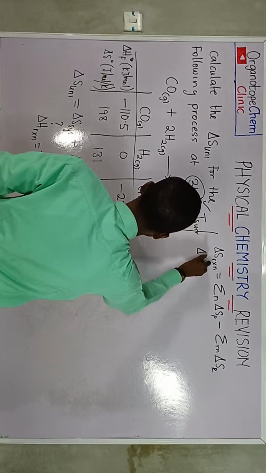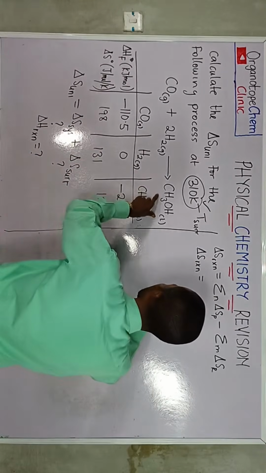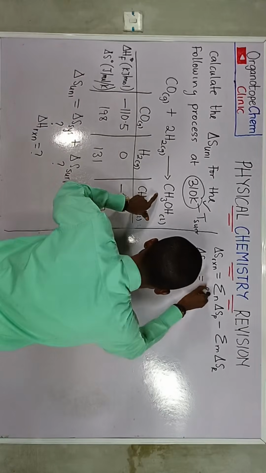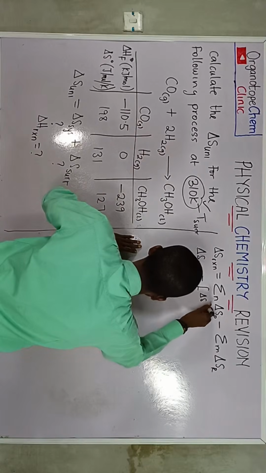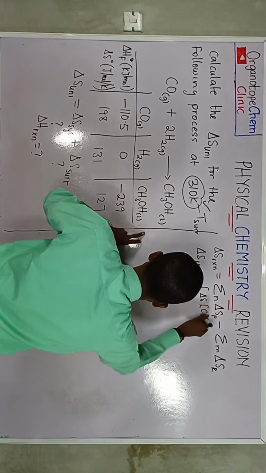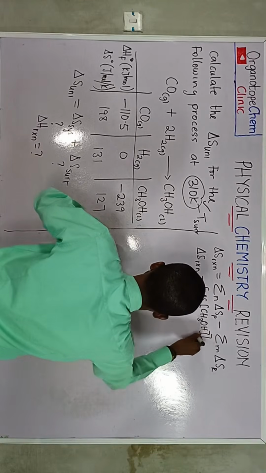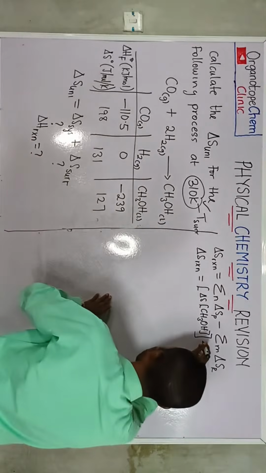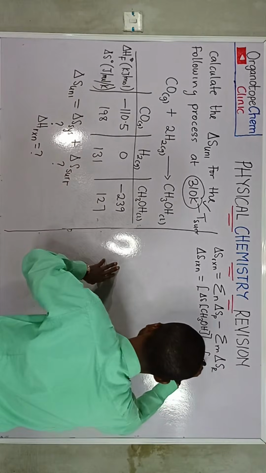I have delta S reaction equals the product right here. There's no coefficient, so we have delta S of CH3OH. That's methanol. That's the only product that we are having here, minus the reactants.